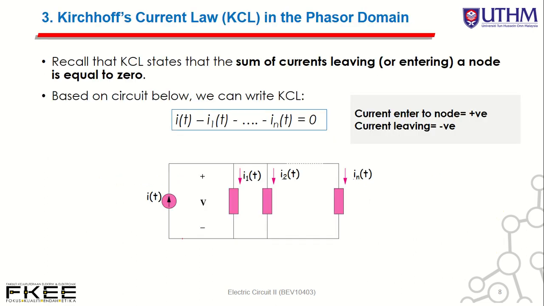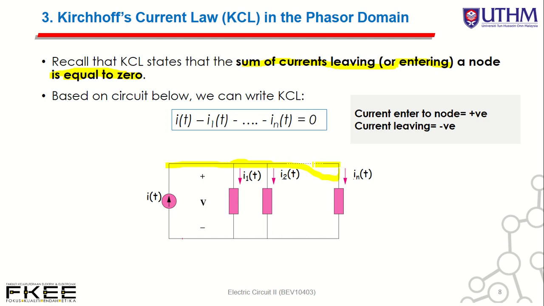Number 2, the concept of Kirchhoff current law, we call it KCL. Kirchhoff current law states that the sum of currents leaving or entering a node is equal to 0. Let's say we have a circuit, and this is our one node.